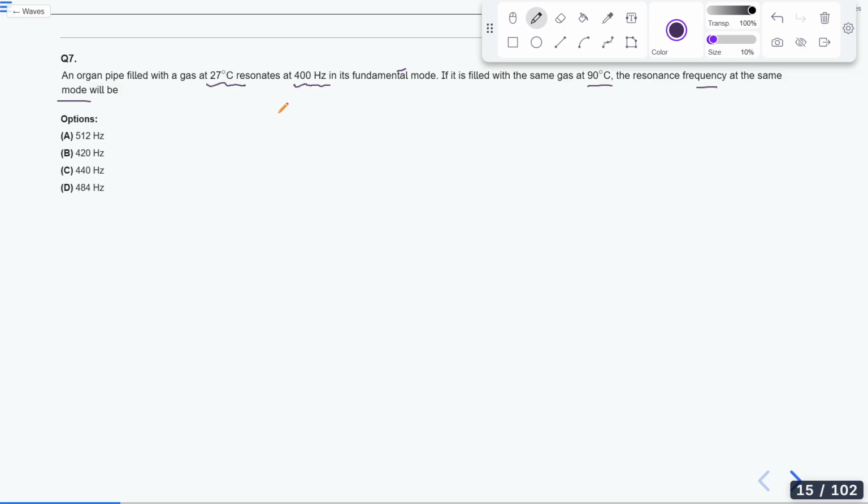The organ pipe type is not given, so suppose we consider an open organ pipe. In the case of an open organ pipe, the fundamental frequency is V upon 2L. In the case of a closed organ pipe, that is V by 4L.